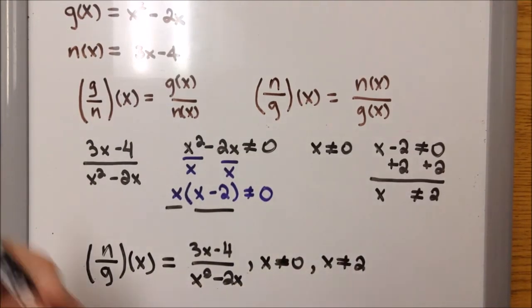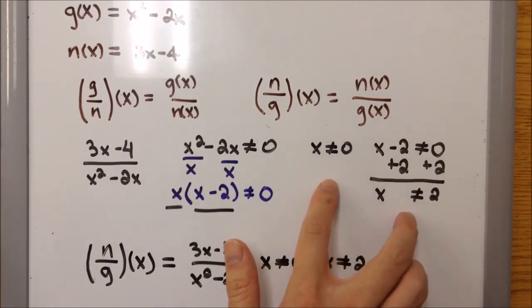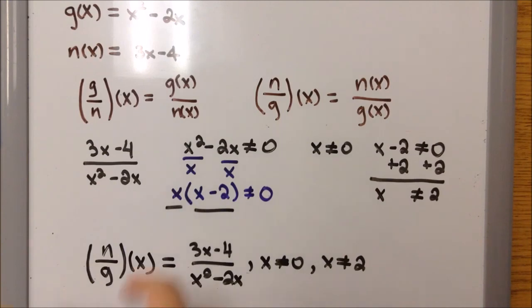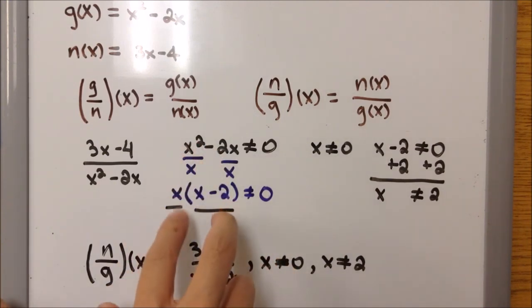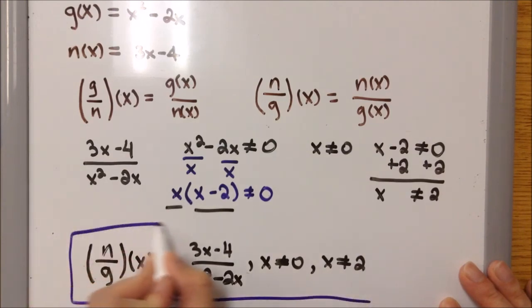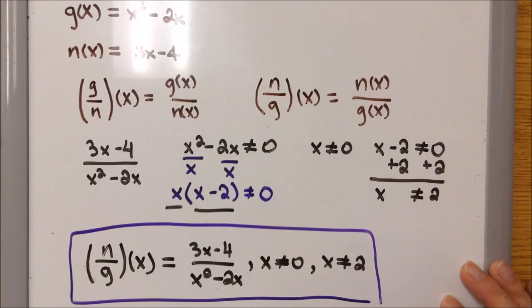So in this case, again, we have two terms, x cannot equal 0 and x cannot equal 2, because we factored out the x and we have two terms here. So I'm going to box this as our answer, and that's pretty much it.